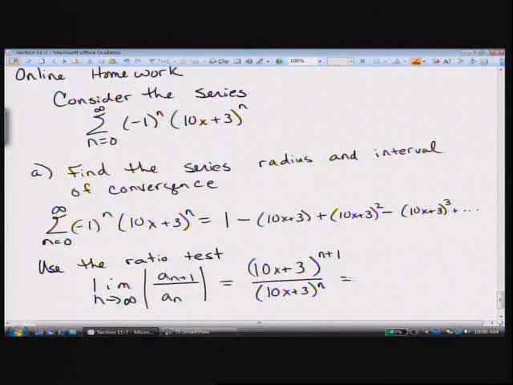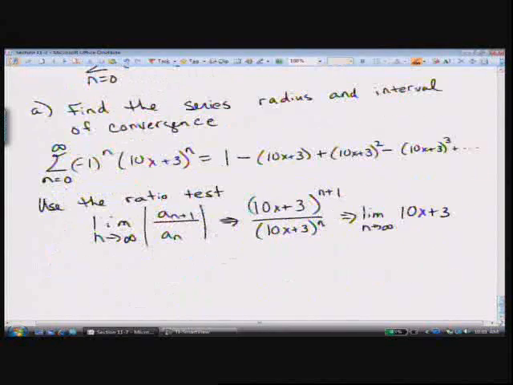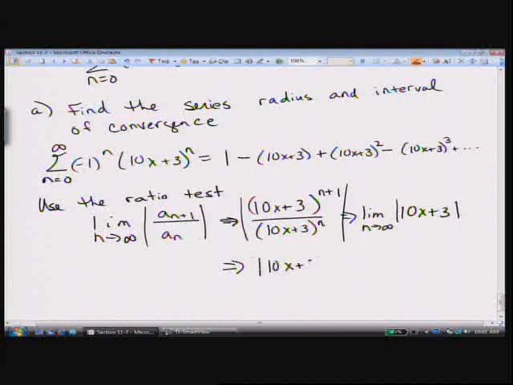And we always have to look at the limit. So the limit as n goes to infinity of this will just be 10x plus 3, right? And what is that limit going to be? Well, there's no n even in here, so it's just the absolute value of 10x plus 3.